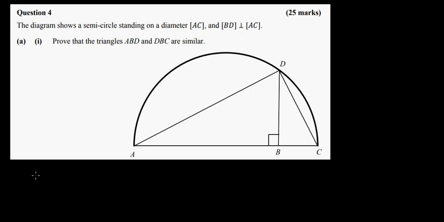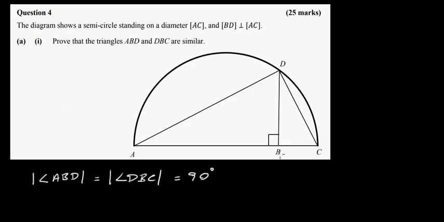So we can say straight away that the size of the angle ABD is equal to the size of the angle DBC. They're both equal to 90 degrees. So ABD and DBC are both 90 degrees. So we have one angle anyway that's the same in both triangles.